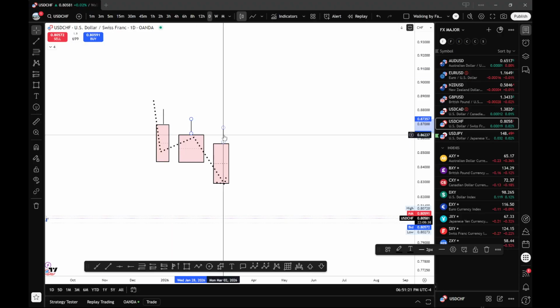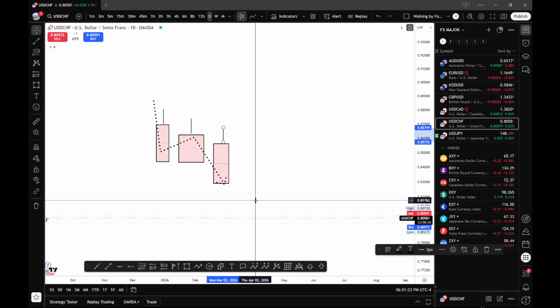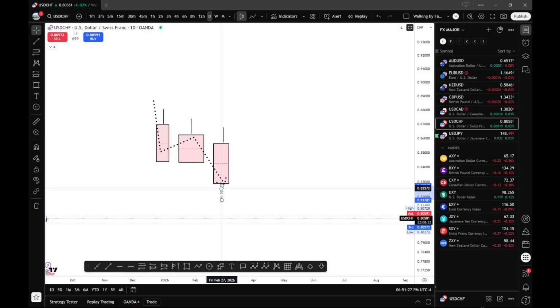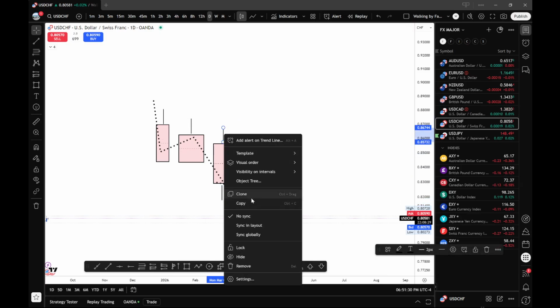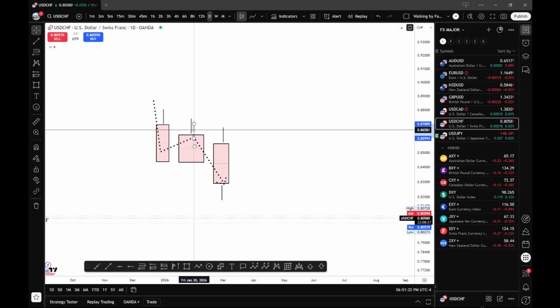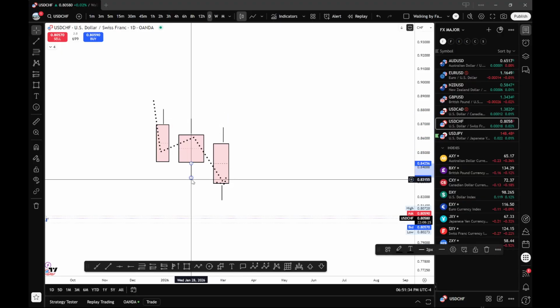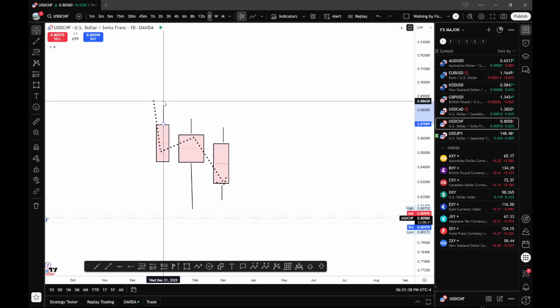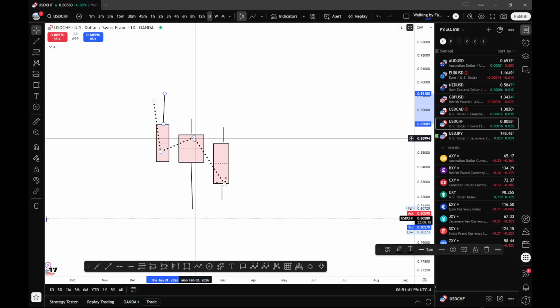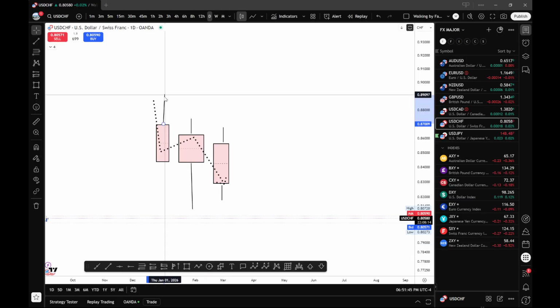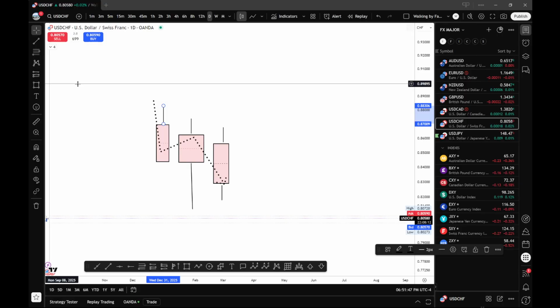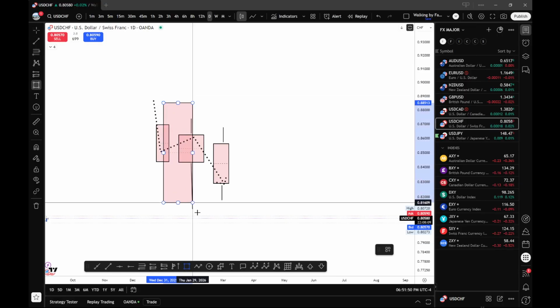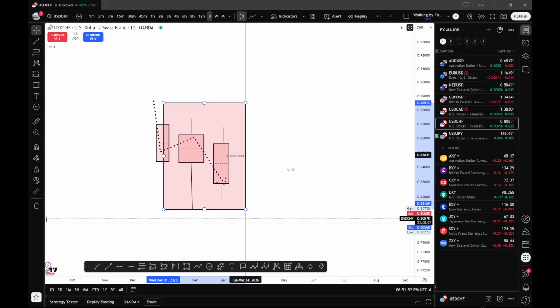Determining which wick is highest, that's the one we're going to take, and which one is the lowest. So let's say we saw something like this, that the base actually had a longer wick, and then let's say the first drop had a longer wick. So I will mark from the wick to wick and then extend it.